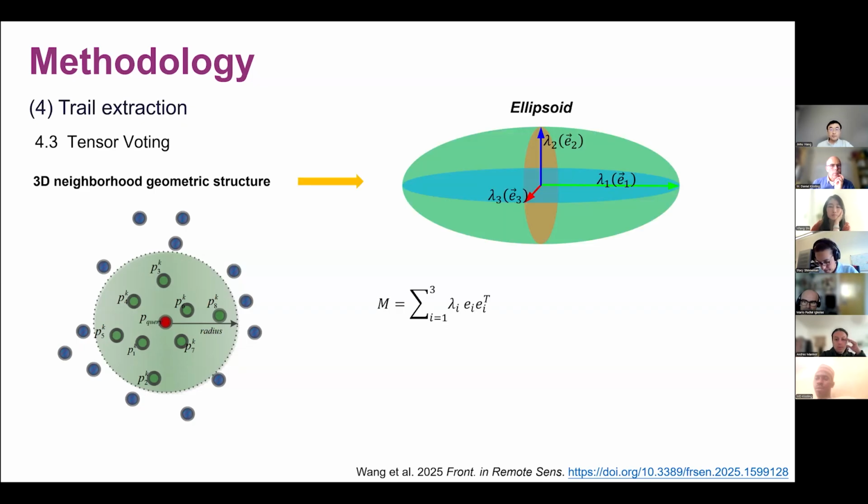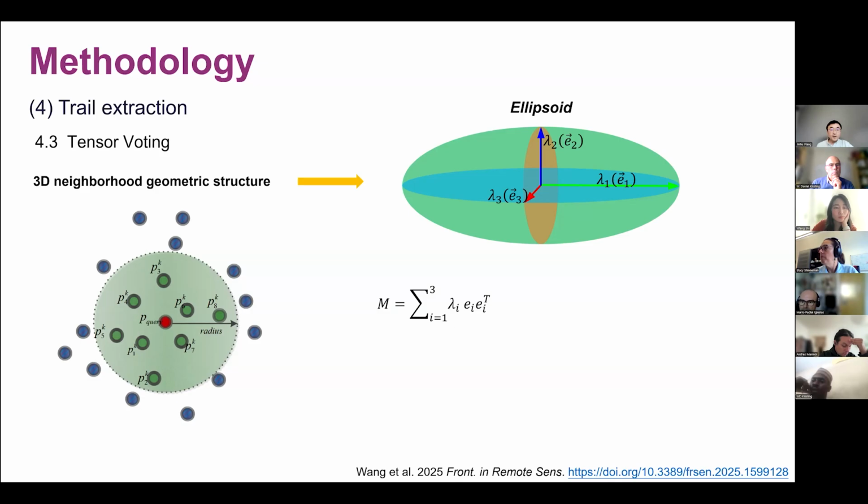For example, on the left image, the query point is in red, and all the neighboring points within this radius are in green. This ellipsoid can be equally represented as a generic second-order symmetric tensor, denoted by M.